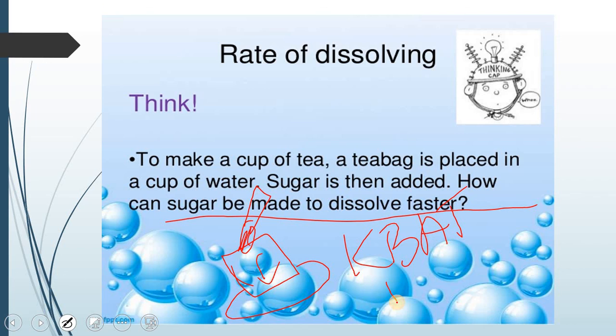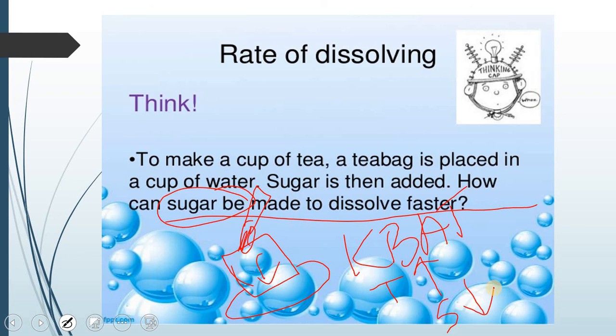So we have temperature. That's the reason why we use hot water to dissolve the sugar. So if you have high temperature of solvent, you can dissolve the sugar faster. Also we have the size of solute. If the size of solute decreases, then we will have a higher rate of solubility.